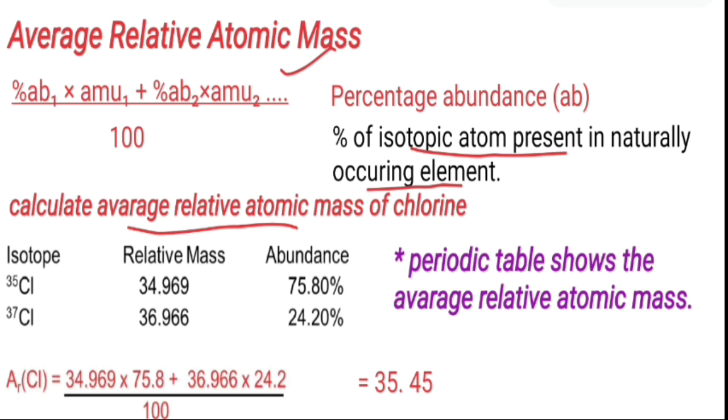Now let us use this formula and calculate the average relative atomic mass of chlorine.